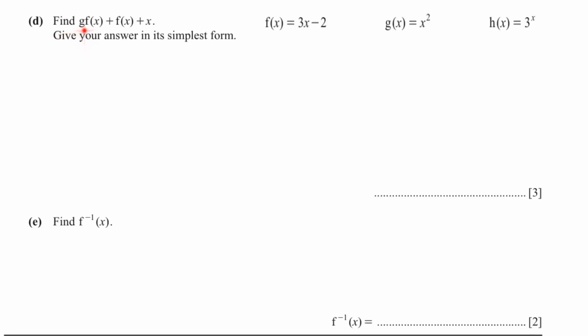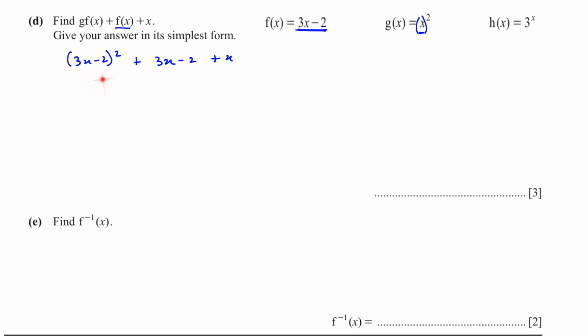Part D. Find g of f of x plus f of x plus x. So the first thing, g of f of x. g of x is x squared. So in place of x, we will substitute 3x minus 2, and the square is outside. Plus f of x, which is 3x minus 2, plus x. We have to expand the bracket.